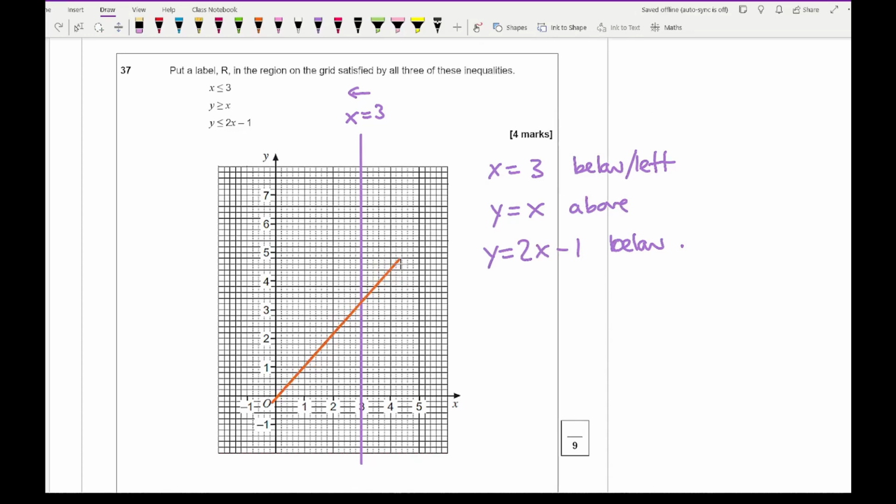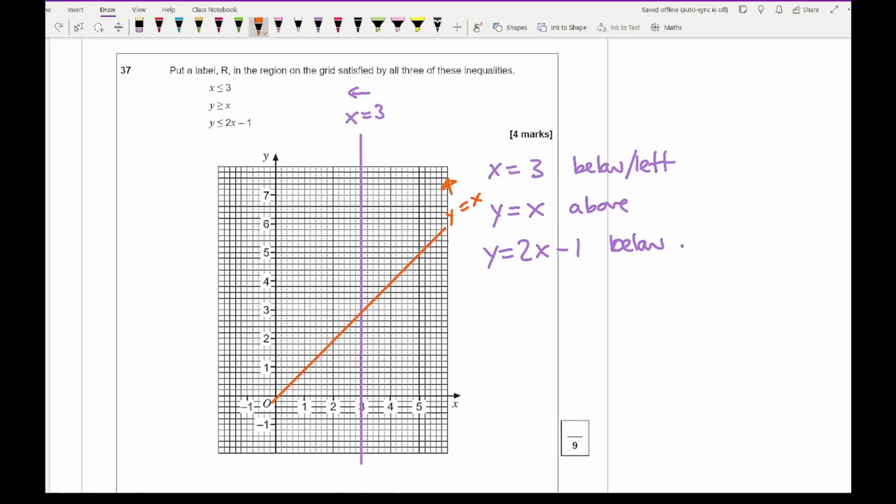So if I use 2, 2 as a marker, that's the point there. And that's the line of y equals x. Let me just make sure that does look like y equals x. And I want above that line.